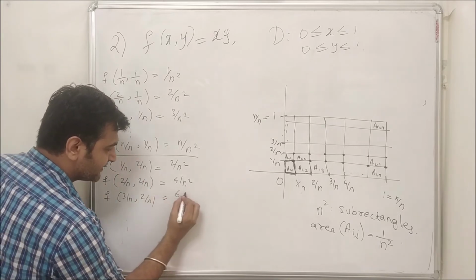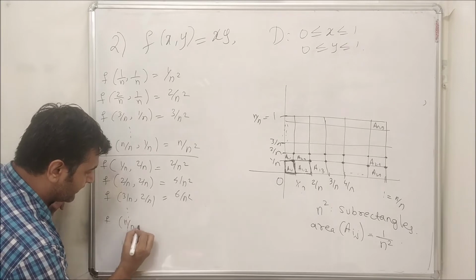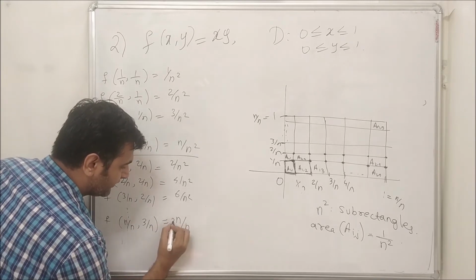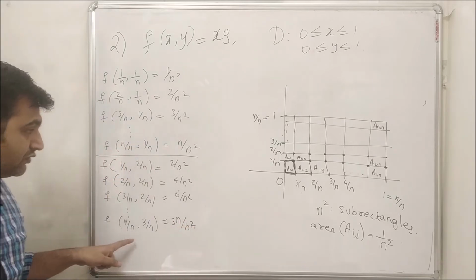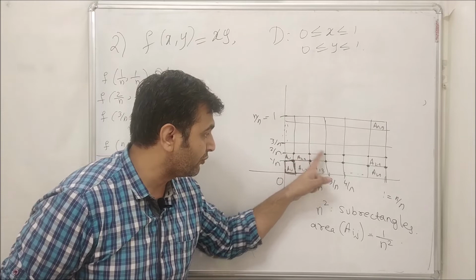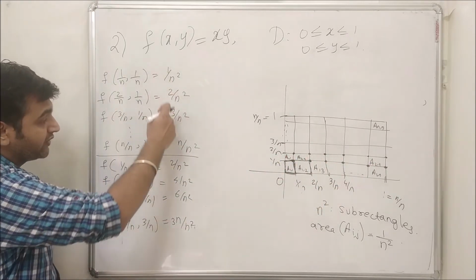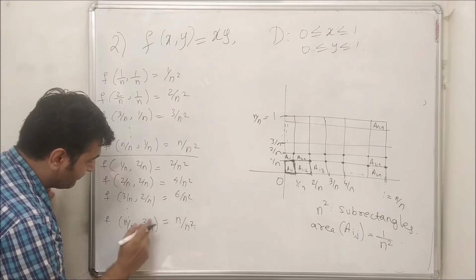So this is 6 by n square, and so on up to f of n by n comma 2 by n, which is 2n by n square. So this is the value of the function at the topmost right corner point for the second sequence of rectangles. Here it was 1, 2, 3 in the numerator. Here it was 2, 4, 6. It's a multiple of 2.